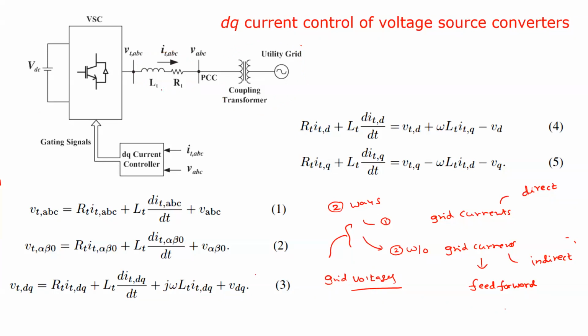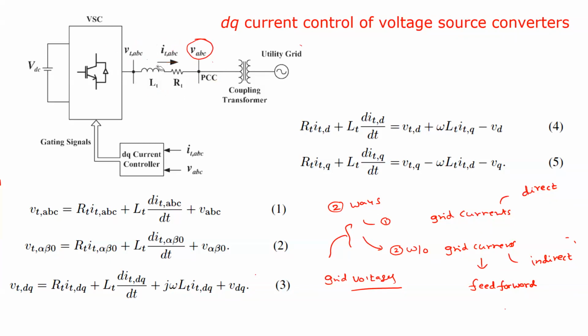Here LT and RT are the lumped coupling inductor parameters. Usually this resistance is very small and will be neglected. This is the point of common coupling. VABC are the grid voltages, VTABC are the inverter voltages, and ITABC are the inverter currents.